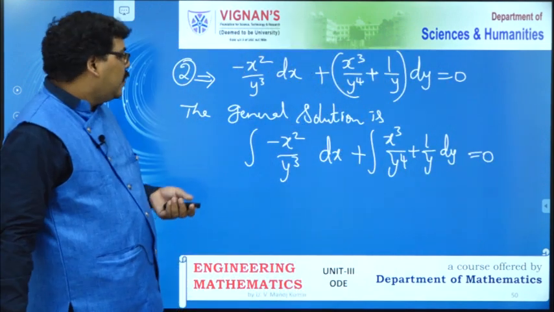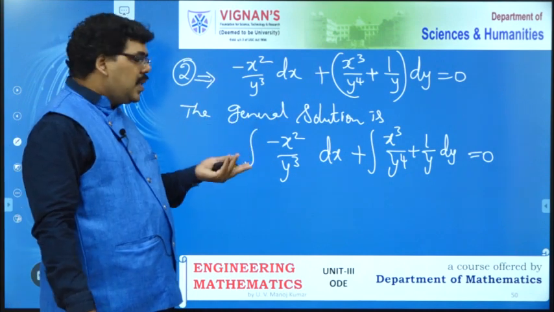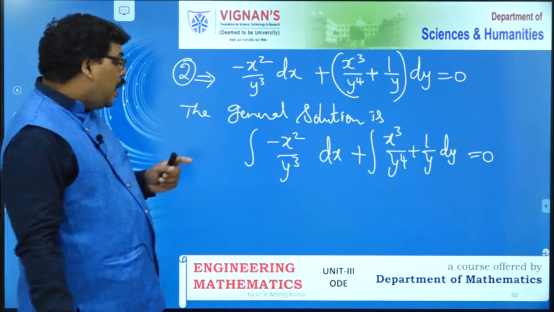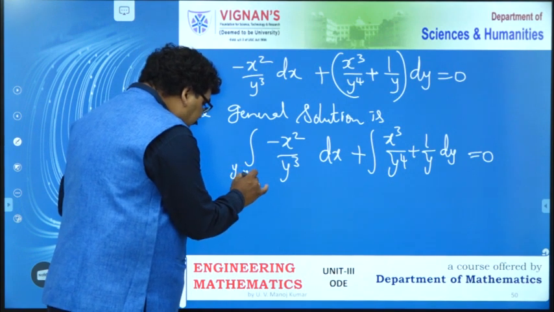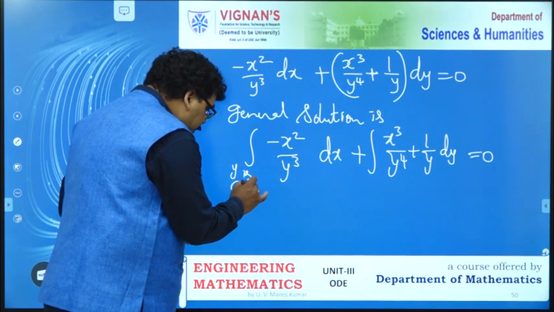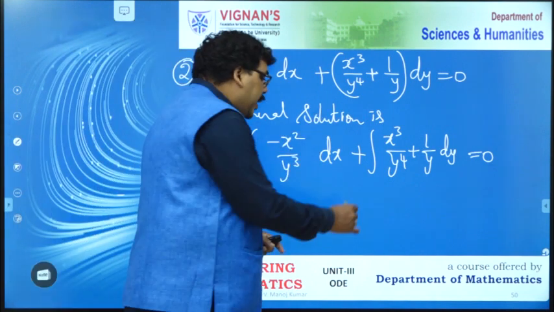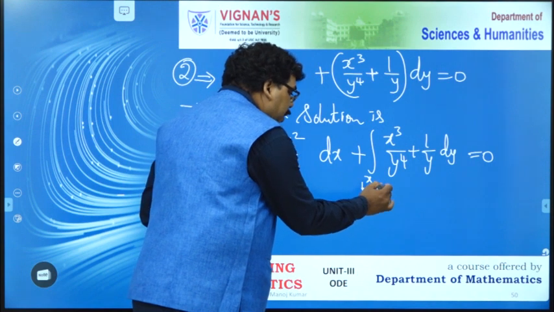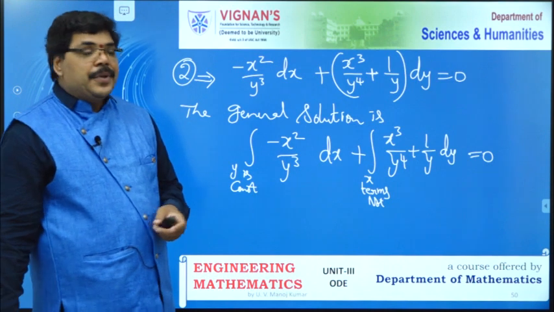What we are doing? Just writing integral symbol here and here. That is the solution. But there are conditions. What are the conditions? When you are integrating with respect to x, y is constant. Okay. And when you are integrating with respect to y, x terms should be deleted. Should not be there. Okay.